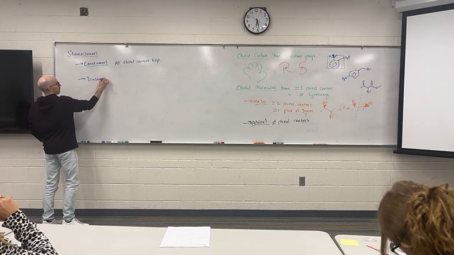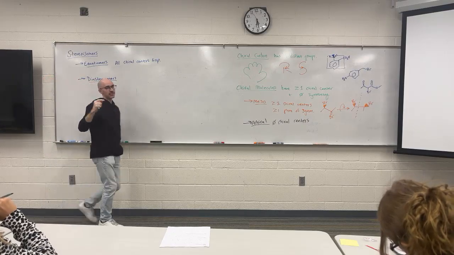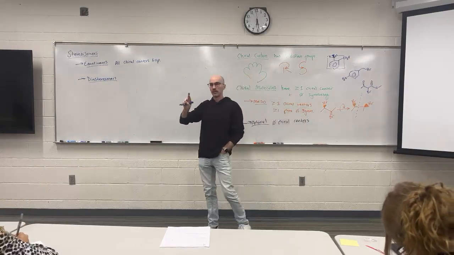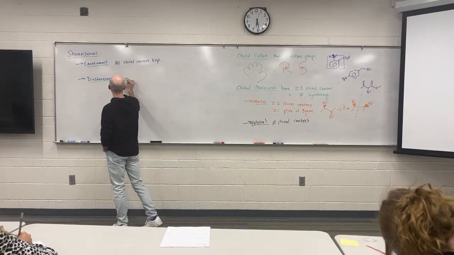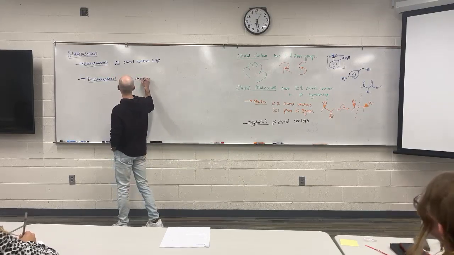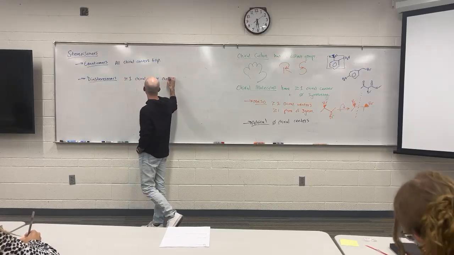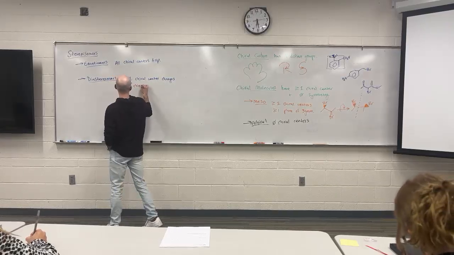Diastereomers, and I like that this starts with "dia" because there are 2 things that I look for. 2 compounds are diastereomers if at least one chiral center is different and at least one chiral center stays the same.